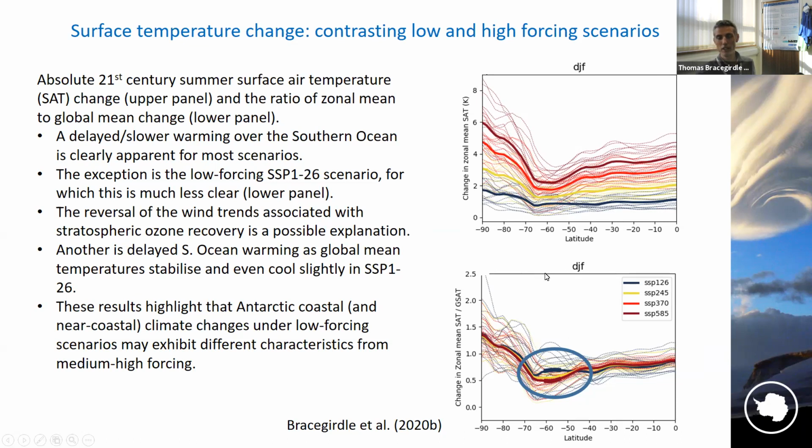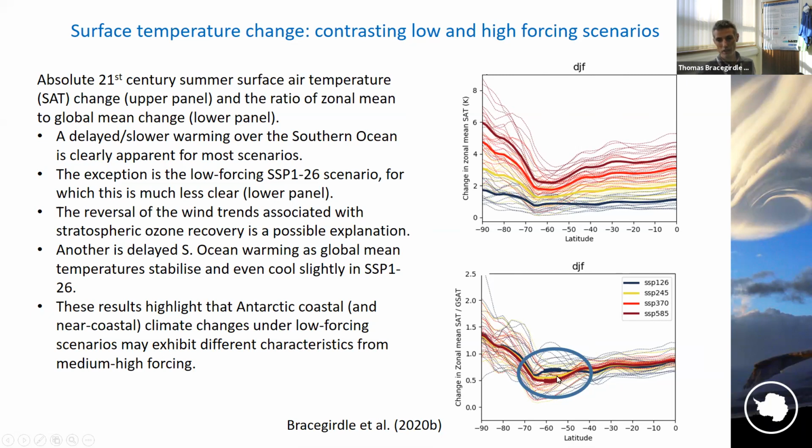And if you look at warming relative to the global mean warming, so where 1 here would be warming equals the global average, then you can see in most latitudes there's not very much difference between different scenarios, but over the Southern Ocean, or in this type of region, there is quite a big qualitative difference.